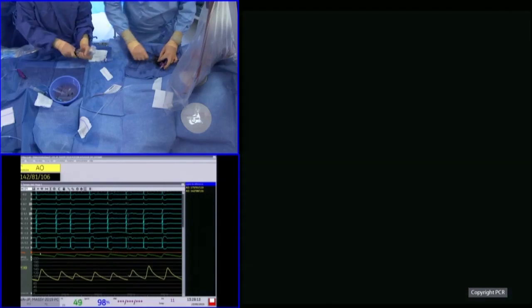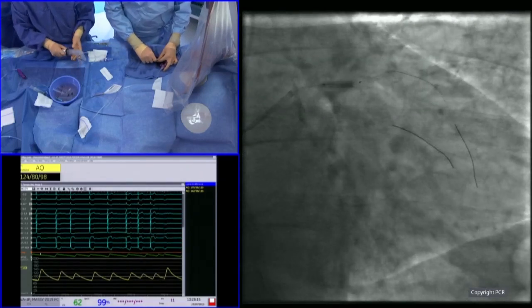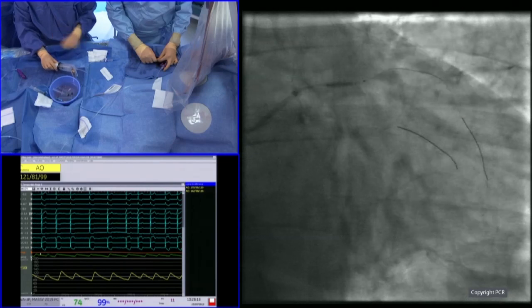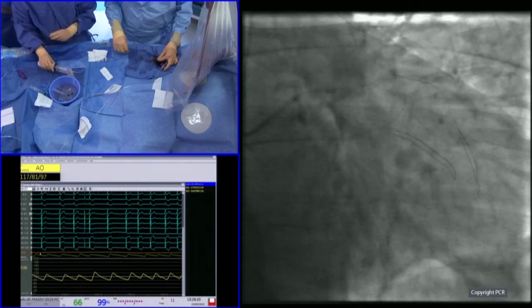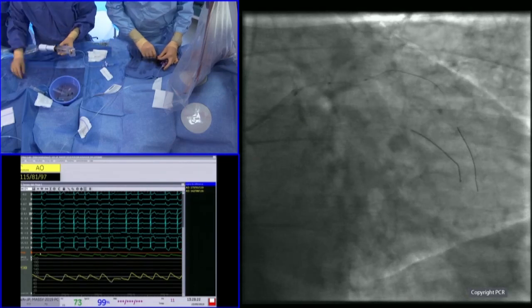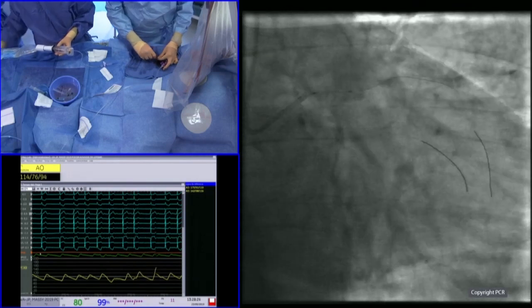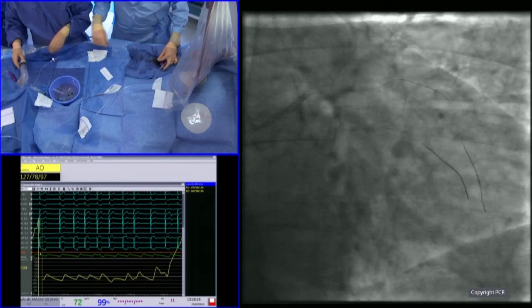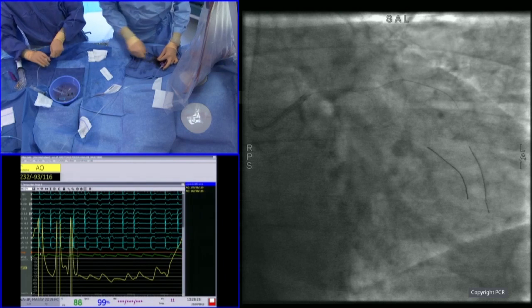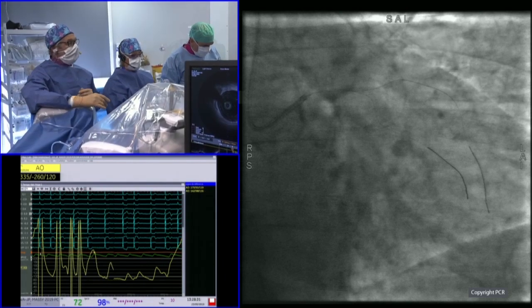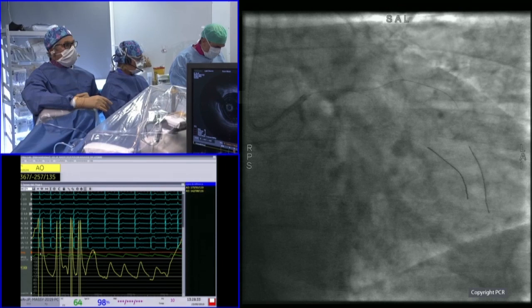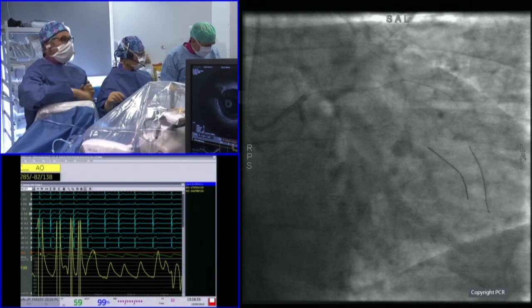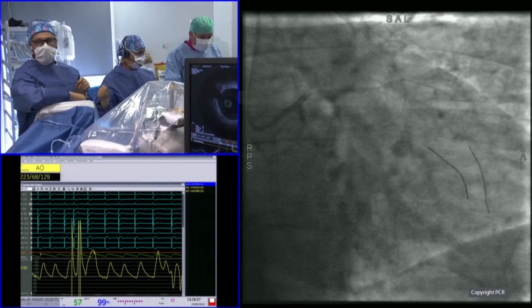Okay, off. You have a 7 French guiding catheter, right? 6 French. Okay. Yeah. We decided to use 6 French. It's not as compared to the other patient where the left main is more than 5 millimeter. It's close to 5.5. We think that when we have 4.5 or 4.0, 6 French is okay, especially when the side branch is small.